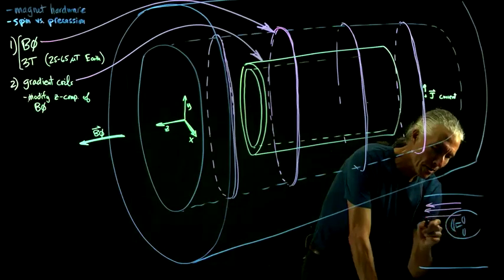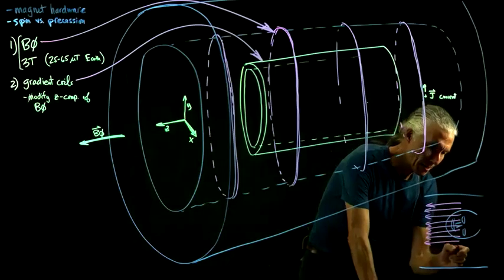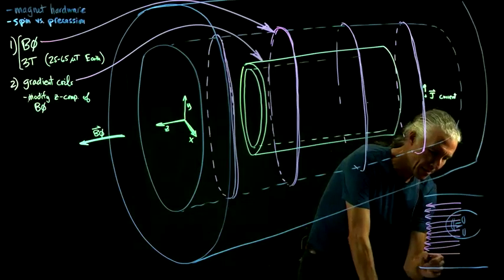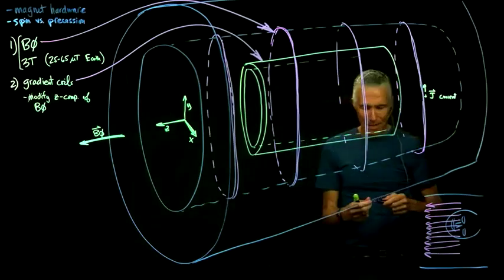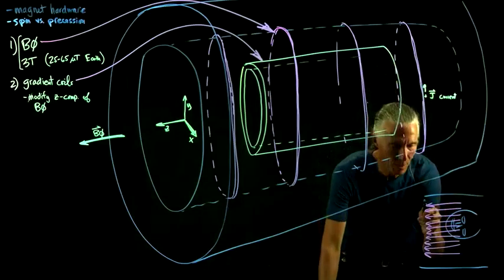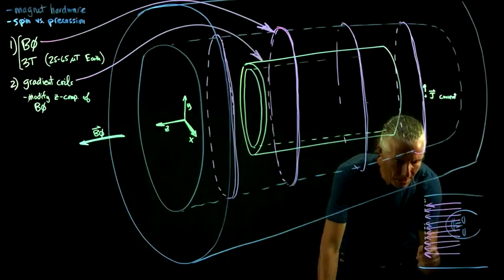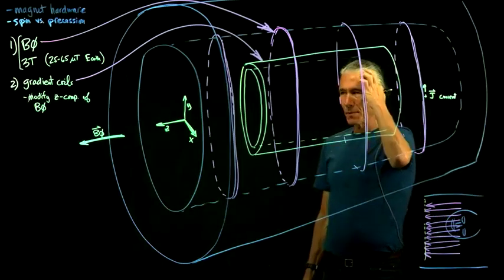No matter where you go, I'm only drawing the arrows that belong to a line, but at every point in 3D space, the magnetic field is pointing in that direction, like that. And what the gradient does is it adds a little bit or subtracts a little bit along a line. So it's not anywhere near as powerful as the B0.